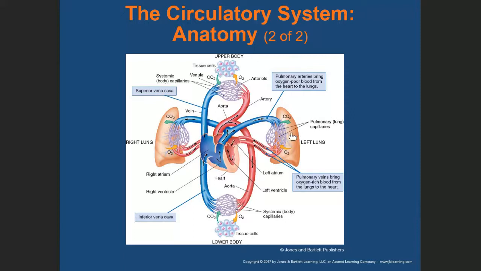So this is the oxygenated blood coming from the lungs. It will be transported to the left atrium. The left atrium then contracts and pumps that oxygenated blood into the left ventricle.